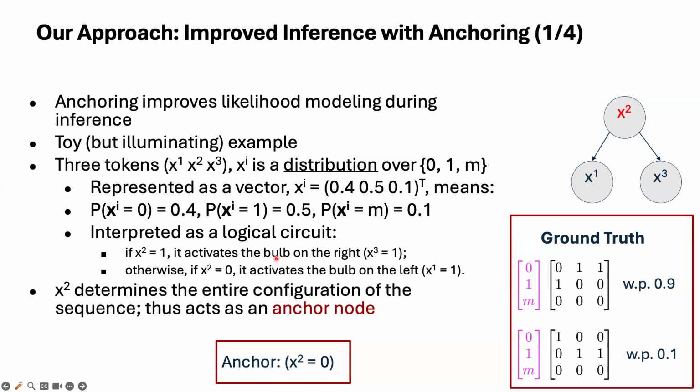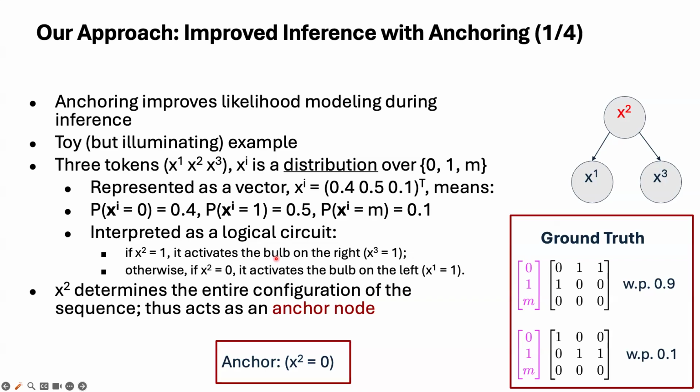Let me make sure that I've said that correctly. So 0, 1, this is the language, this switch, this is x1, this is x2, this is x3, this is 1 hot. This 0, 1, 0 means x1 is equal to 1.